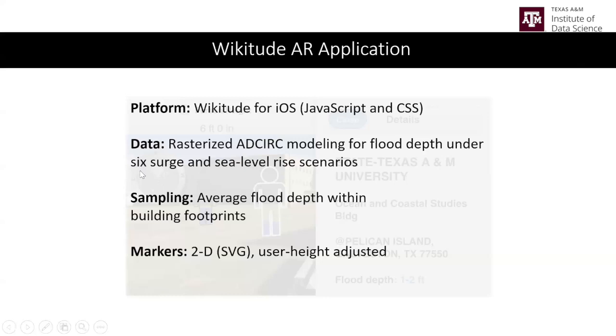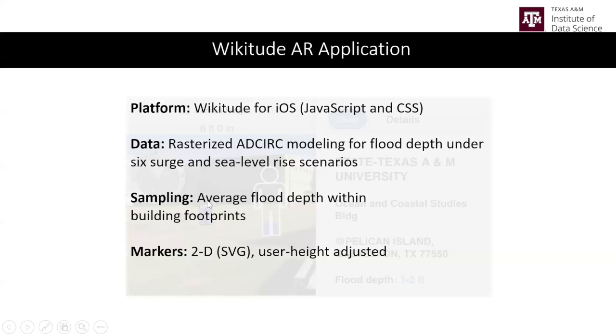So storm surge for Hurricane Ike and some different permutations of what Hurricane Ike could have looked like if it were a little stronger or came in a slightly different location. And then also considering those same Hurricane Ike surge scenarios, but adding on, I think it's 2.4 feet of sea level rise.